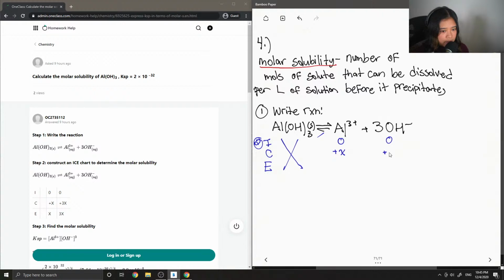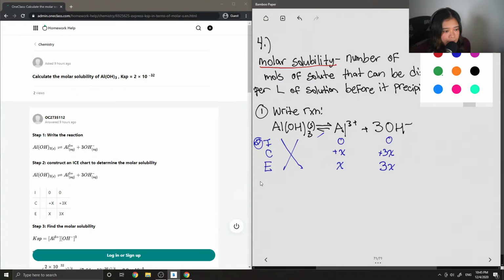So the X is the molar solubility, which is what we are trying to solve. And then E is actually 3X, so there are 3 moles. Okay, so we ended up getting X and 3X.